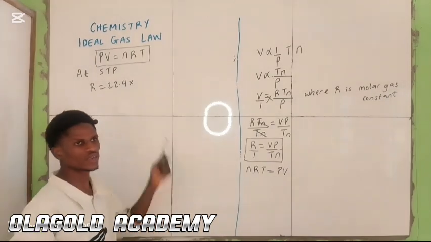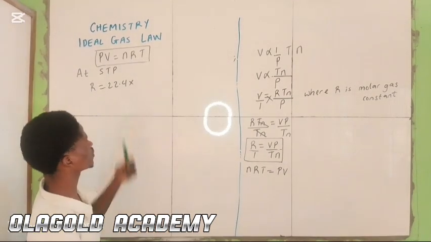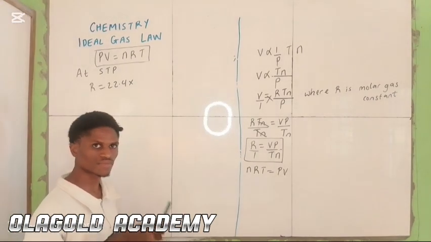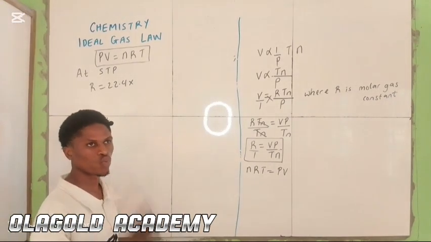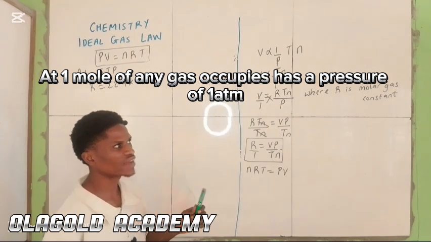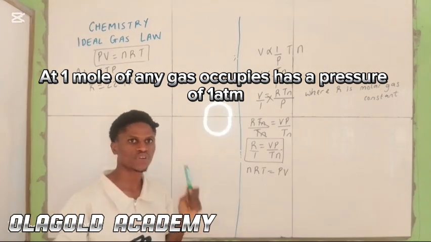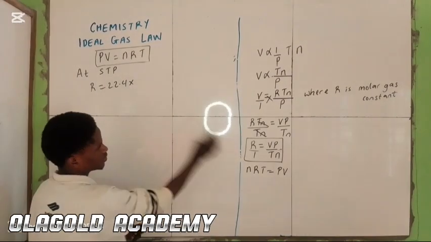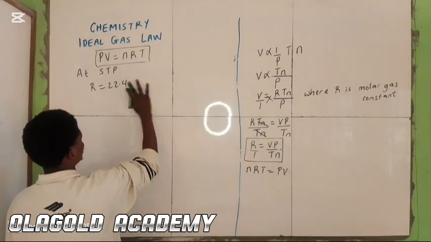Alright, so here now let's use atmosphere and see what we are going to get. Remember that at STP, one mole of any gas has a pressure of 1 atmosphere. So pressure here is 1. Let me put the units.